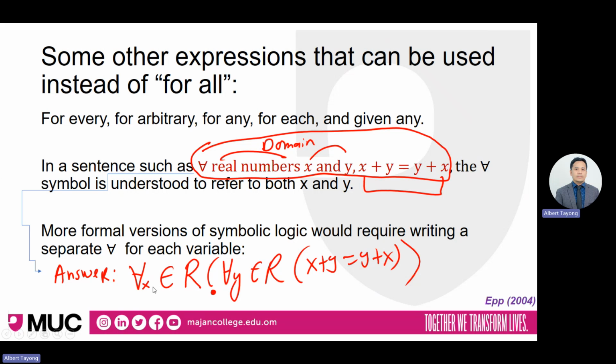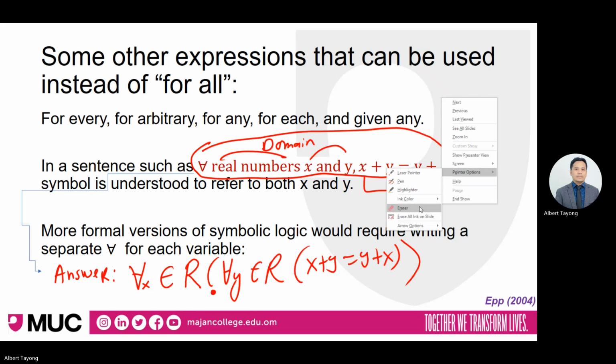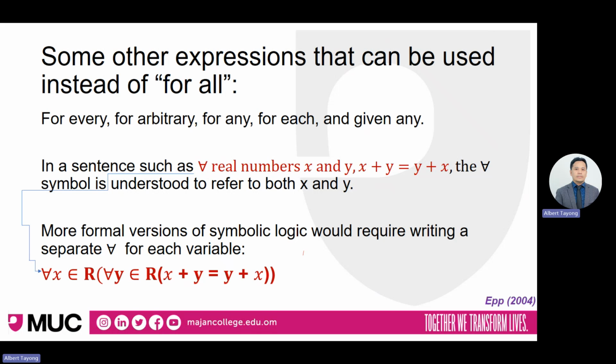It means for all real numbers X and Y, both real numbers, X plus Y equals Y plus X. Okay, so that's our answer. We have our universal quantifier 2 times because we have 2 variables. And this is the property, the commutative law, in one group: X plus Y equals Y plus X.